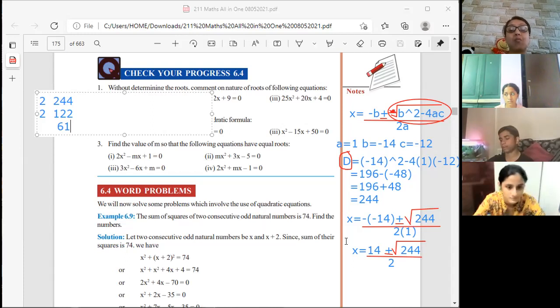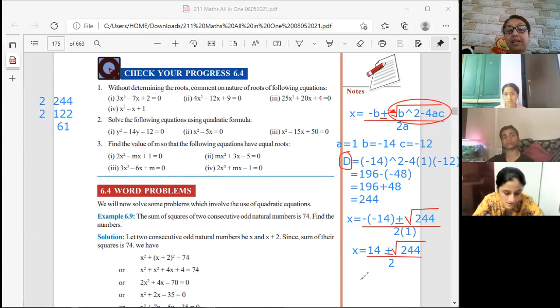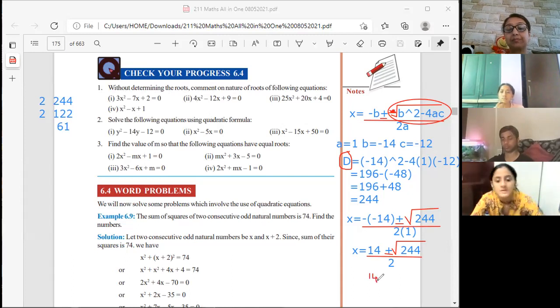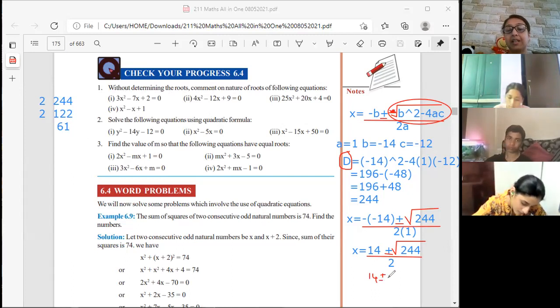So that means what am I getting? See how do I write it? 14 plus minus. In the root, I'm writing 4 multiplied by 61.